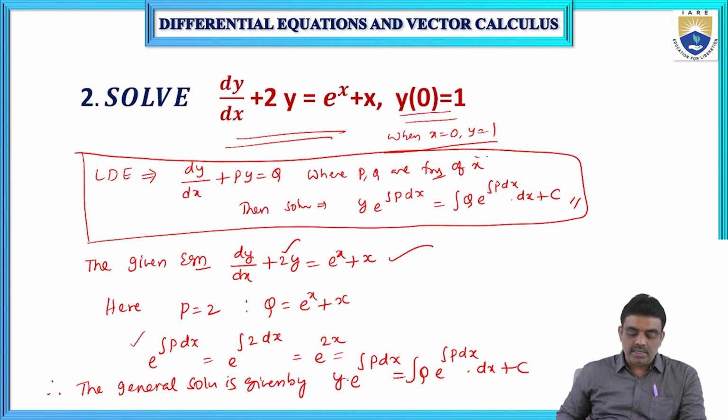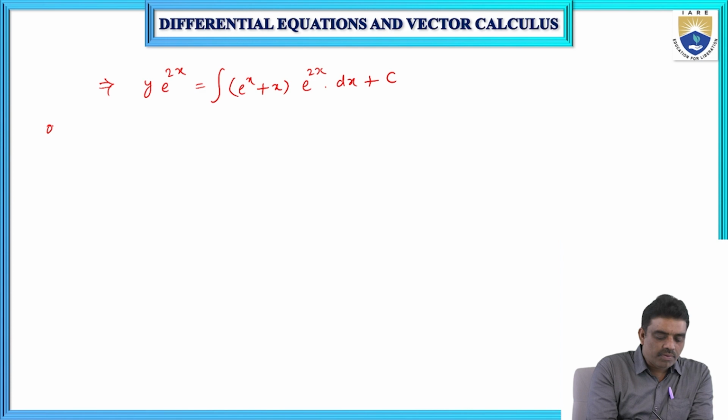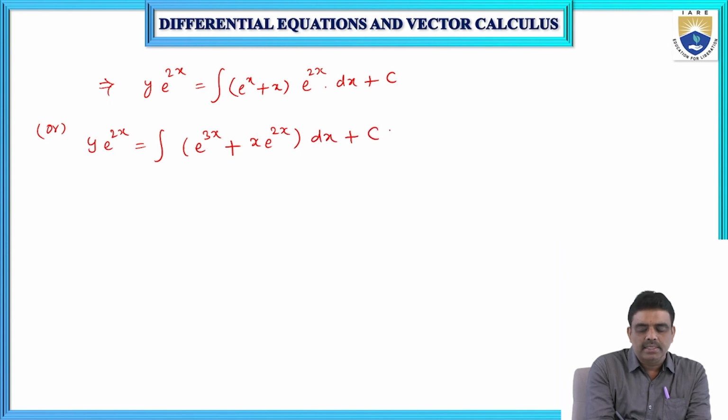Q is already written here, e^x + x. (e^x + x) into e^(2x) dx + c, or y into e^(2x) is equal to the integral of first term e^(3x), second term x into e^(2x) dx + c. So I hope this is all clear.